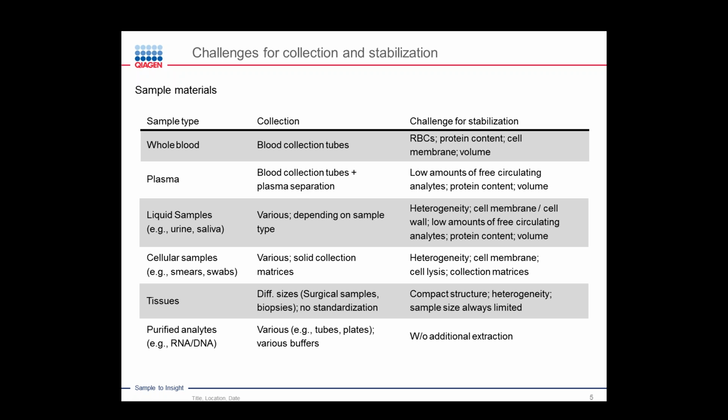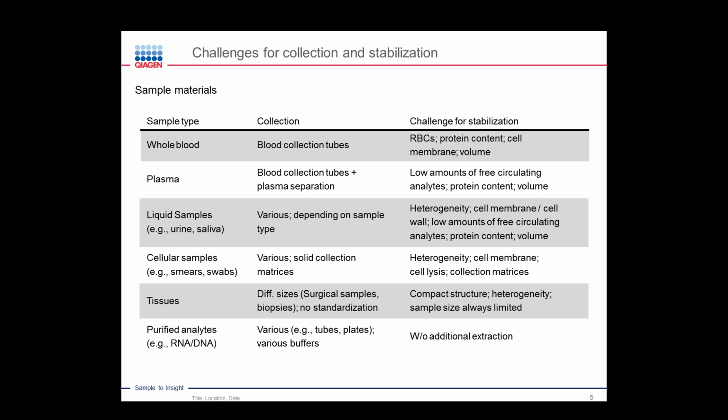What does it mean? That means try to prevent, for instance, heparin, because this anticoagulant can interfere with downstream assays like RT-PCR, which means that a doctor in the hospital collecting your blood must be aware of this and use the right collection tube for your purpose.